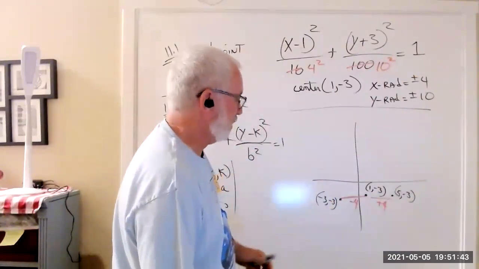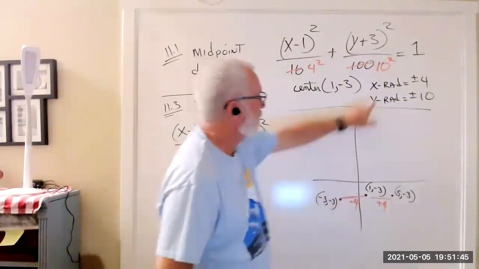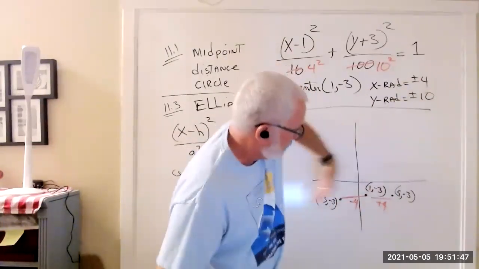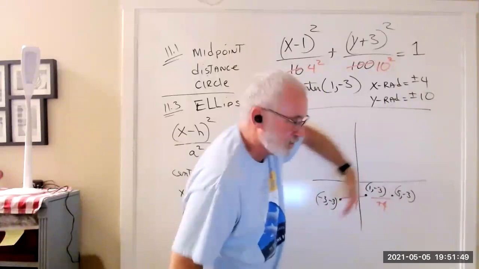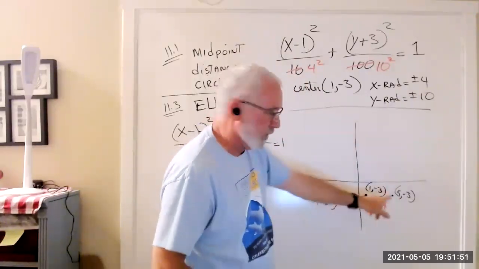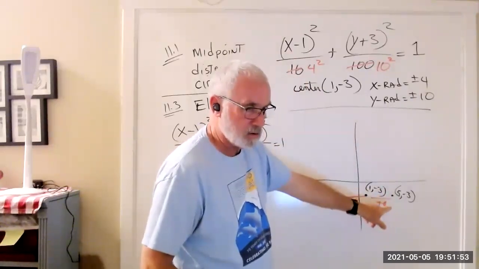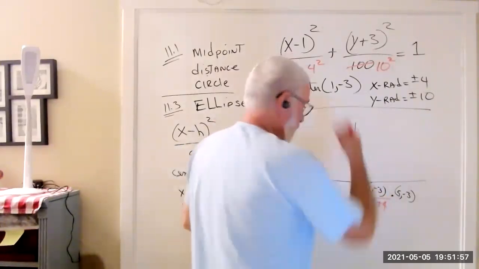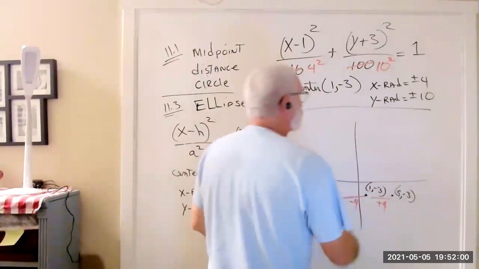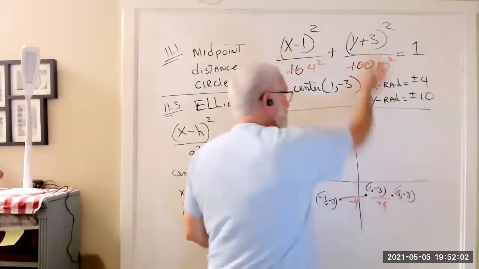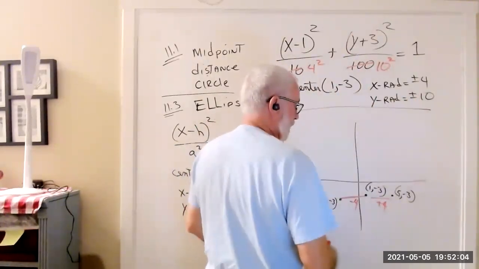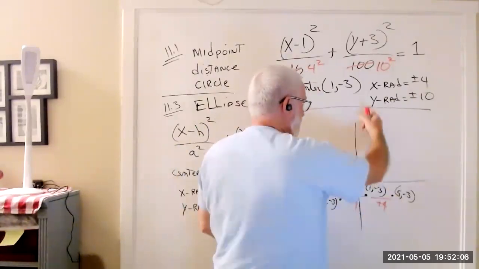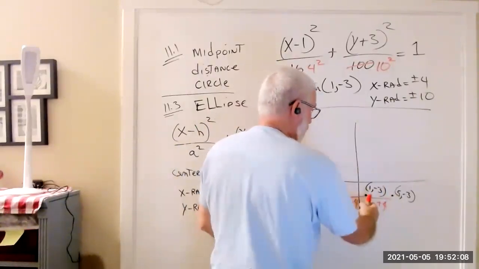Is that okay? Do you guys understand how I use the x radius to get the endpoints in the x direction, left and right? Yes, no? Yes. All right. Then I want to get the endpoints for the y direction, but the y is going up 10. Going up and down changes the y value.